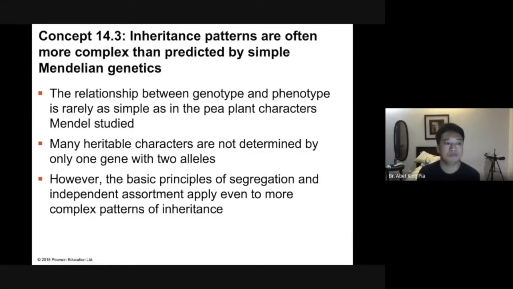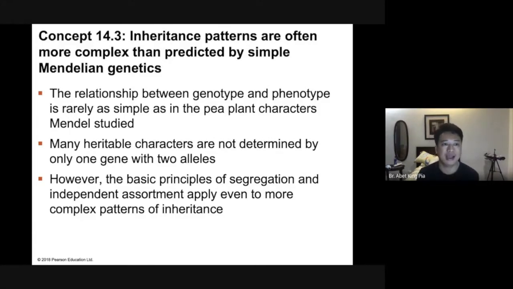So, but we also know that there are some traits, multiple. Yung isa pula, yung isa puti, tapos biglang may lalabas sa pink, halimbawa sa color. Tapos may mga genes or may mga traits, may mga alleles naman or phenotypes na minsan kailangan ng multiple genes para lumabas.